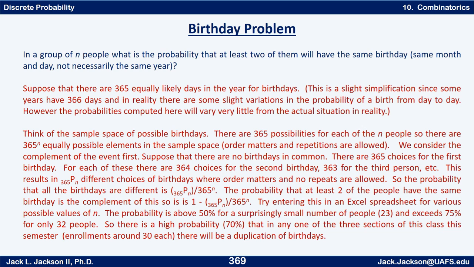Then there are 365 choices for the first birthday. For each of these, there are 364 choices for the second, 363 for the third, and so forth. And this results in 365 permute n different choices of birthdays where the order matters and no repeats are allowed. So the probability that all the birthdays are different is 365 permute n divided by 365 to the nth power.